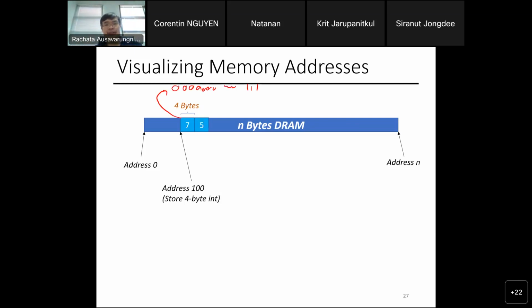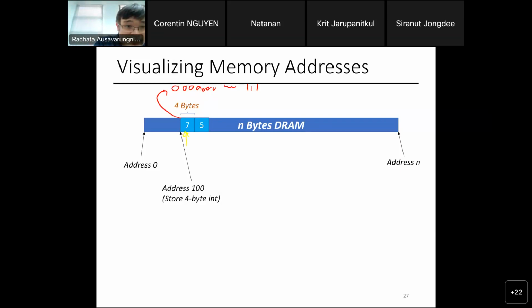Unless you have another data value 5, right next to it. Can someone tell me what will be the address of this guy, number 5? What should be the address? The address is byte addressable. So if you go to address 101, you will actually get right here.